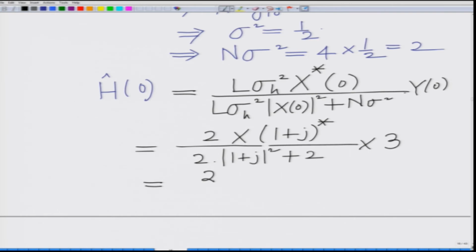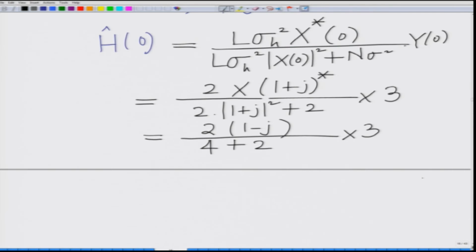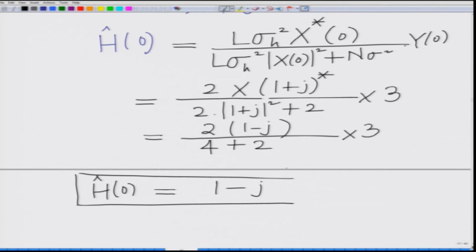So, this is twice 1 minus j divided by twice into 2, that is 4, plus 2 into 3. Now we can see there is a 6 in the numerator and 6 in the denominator. So, this is simply 1 minus j, h hat of 0 equals 1 minus j.